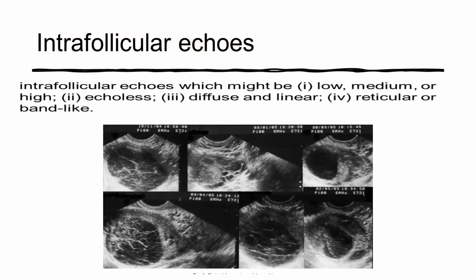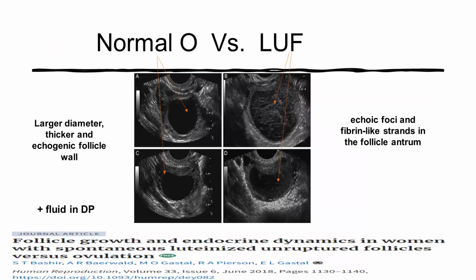And the echoes inside the entrapped follicle may be diffuse or linear, reticular or band-like, and may be low, medium, or high in appearance by ultrasound regarding echogenicity. Maybe echoless, not always present. So these are variations of the sonographic appearance of the LUFS on serial examination.